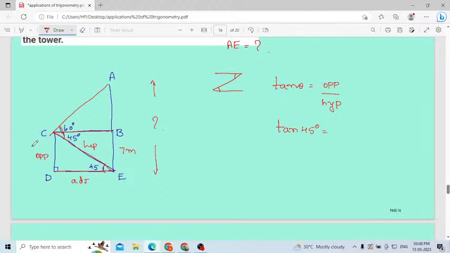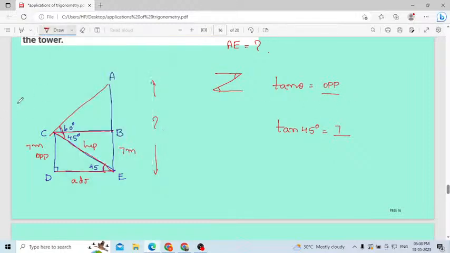If this is 7 meter, this also is 7 meter, correct? Then opposite is 7 meter divided by hypotenuse, we don't know, consider it as d. Sorry, adjacent. Tan theta is opposite divided by adjacent, sorry, I wrote wrong.